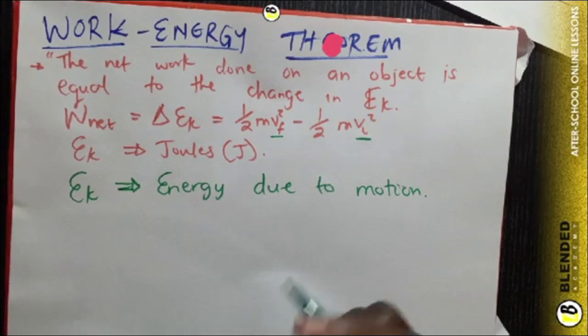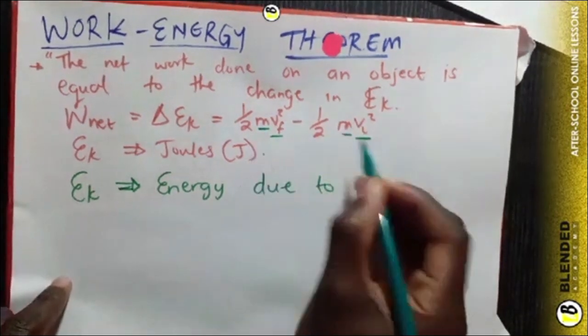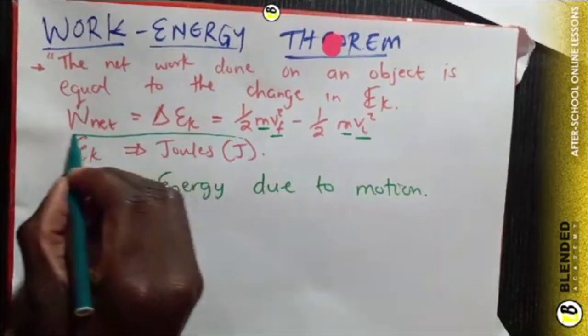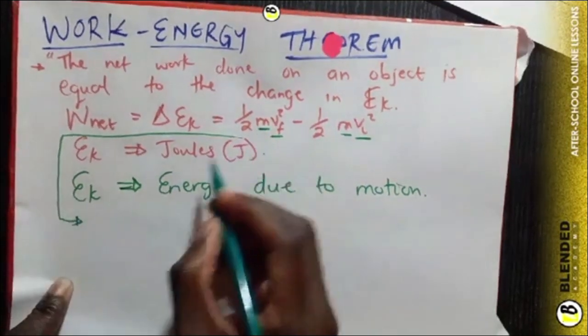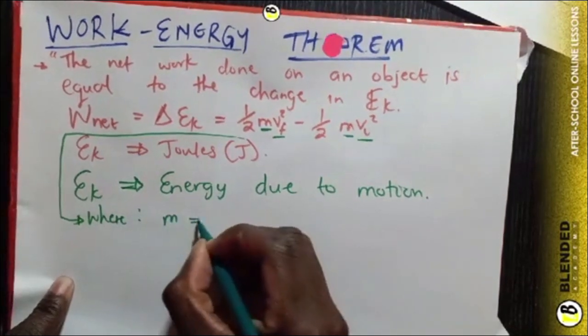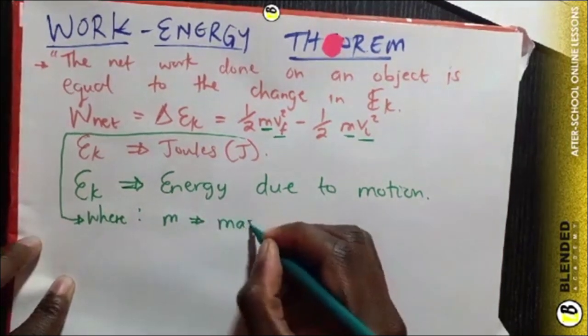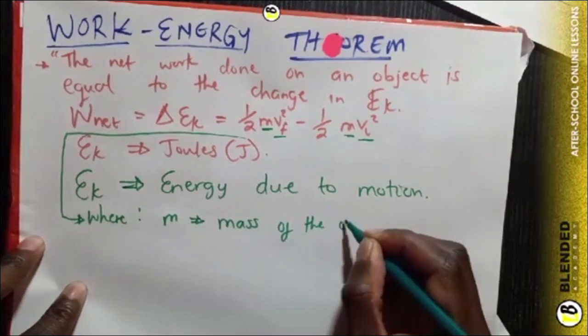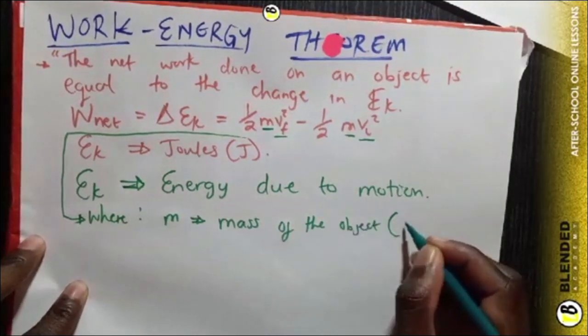Just to expand on this, let me write it down here to show you where that's coming from. In this case, m is the mass of the object, given in kilograms.